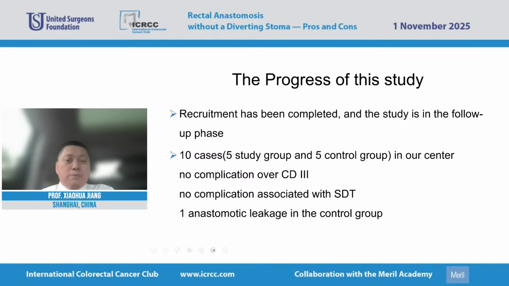And in the control group, that is the ileostomy group, we have anastomotic leakage that is only Clavien-Dindo 2A classification. And we are now waiting for the final results, and we are expecting whether we can avoid ileostomy using this stent technique.